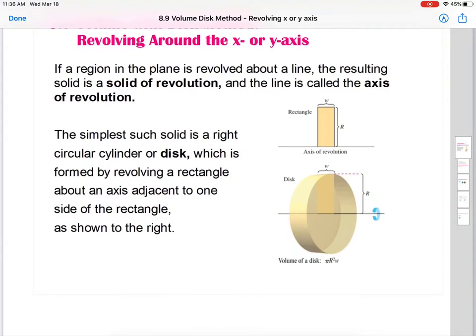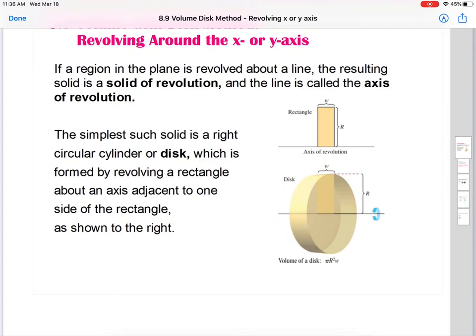So when we find volume, we're going to start by looking at a representative rectangle, okay? And that representative rectangle is going to be revolved around an axis. That means it's going to be spun around a line.